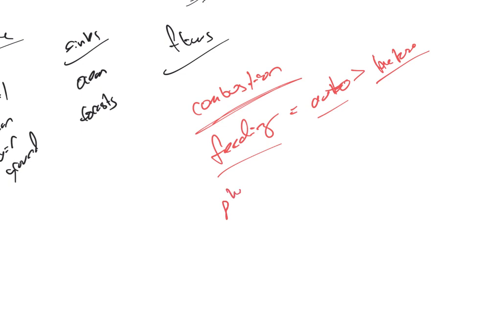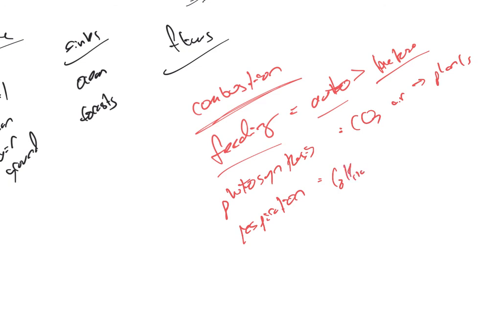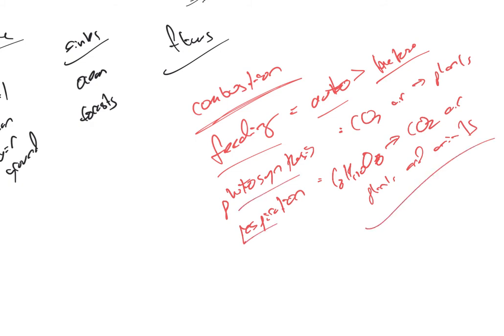Obviously, the big ones are photosynthesis, which is CO2 in the air into plants, and respiration. I would just say glucose becomes CO2 in the air, and that is plants and animals. So there are our big ones.